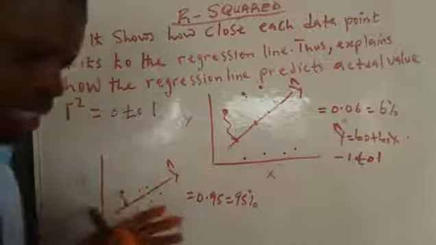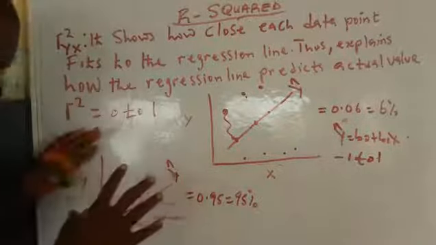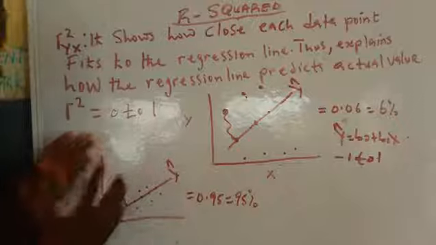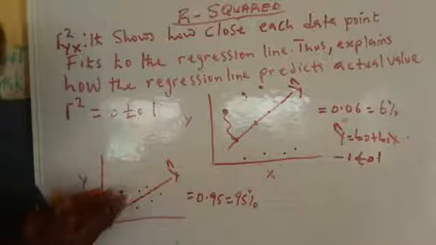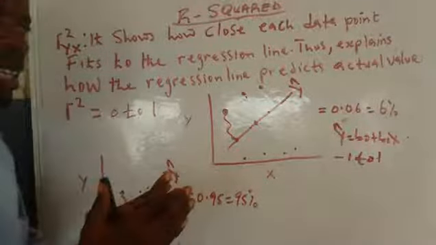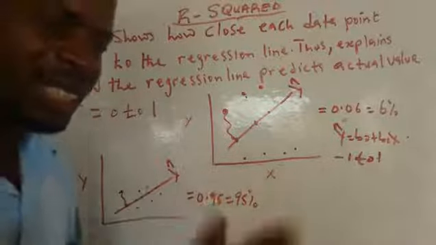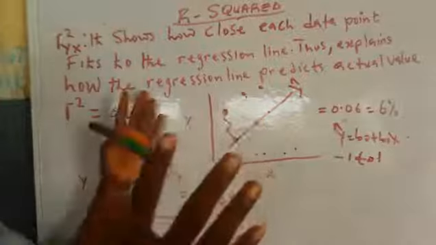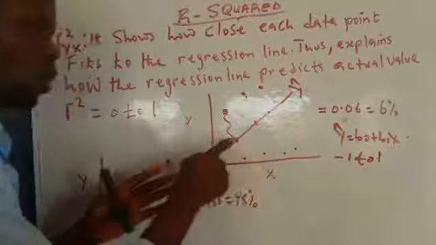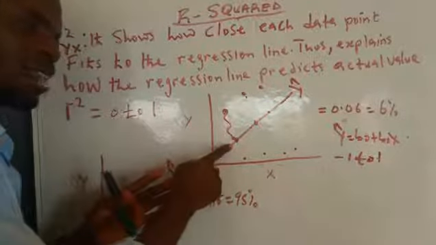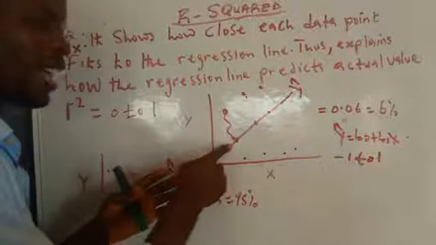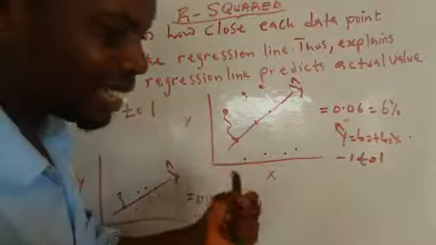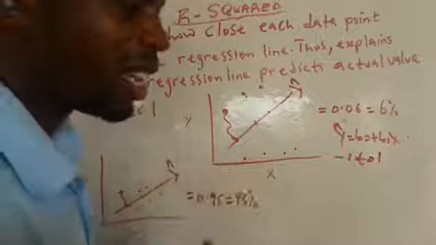In a simple way, the closer the data points to the regression line, the better it is to predict. And when it moves away from the regression line, then that predictability becomes less.